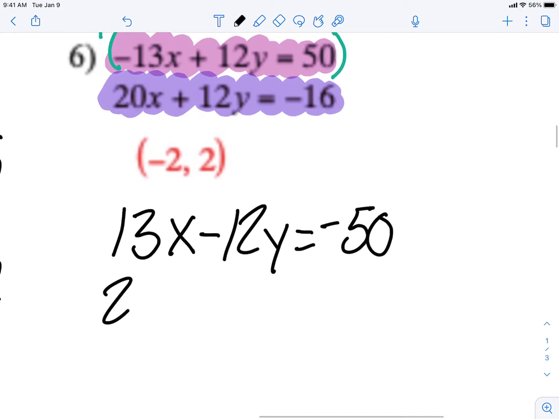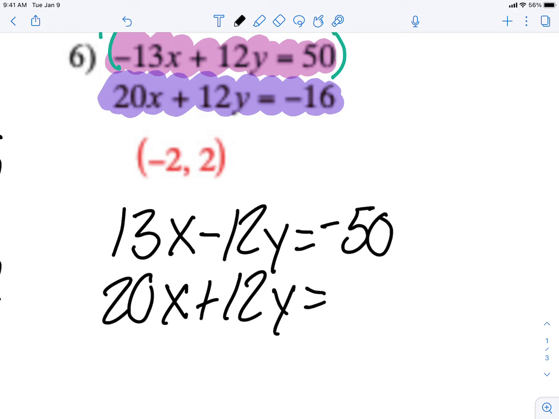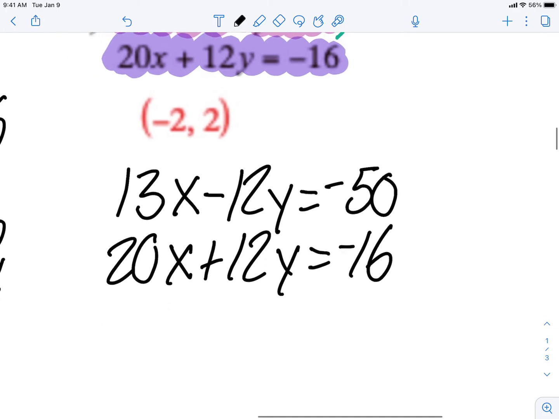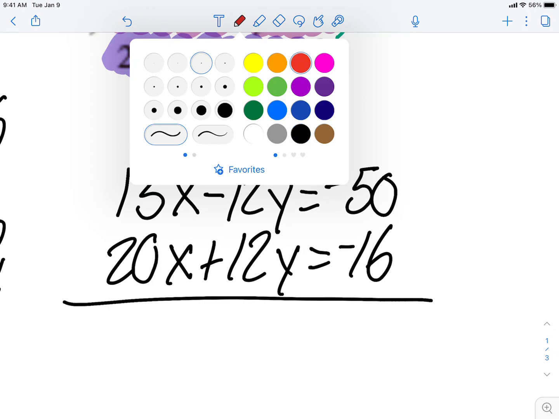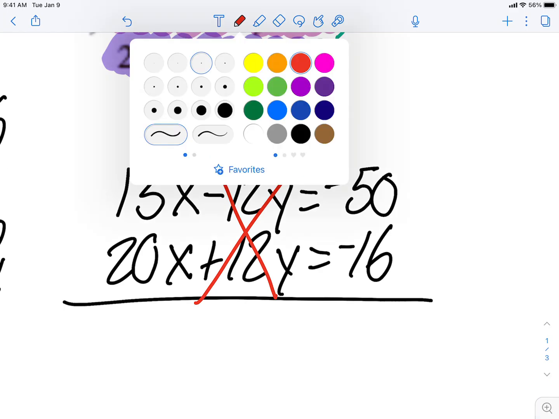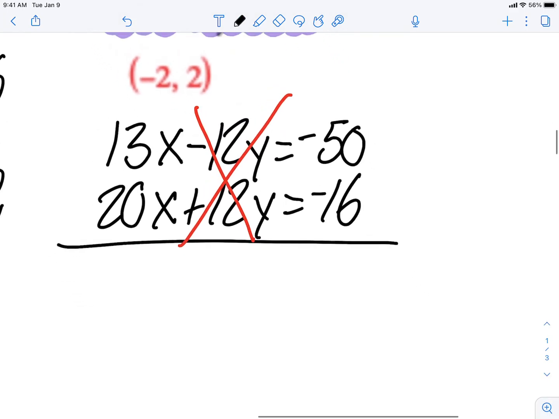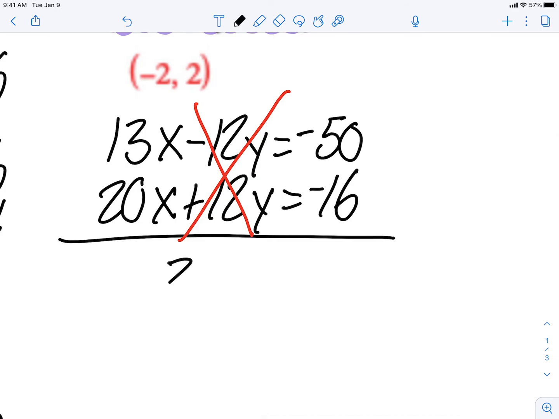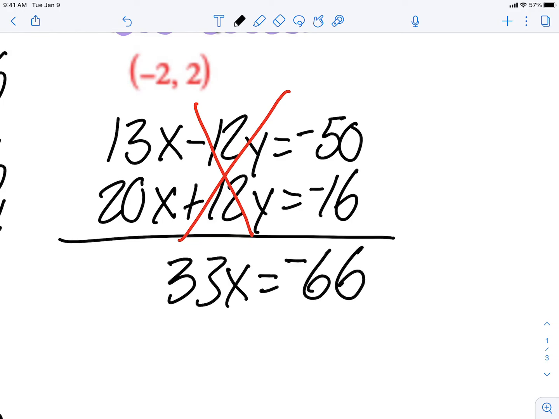The bottom equation, everyone, stays exactly the same. No need to do anything with it. Because look what happens with my negative 12y and positive 12y. Gone. Cancelled. 13x and 20x is 33x. Negative 50 and negative 16 is a negative 66.